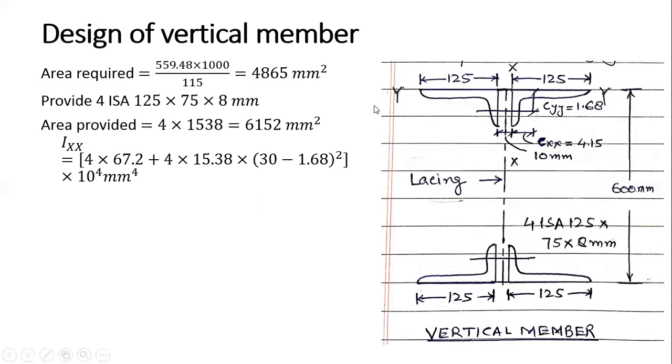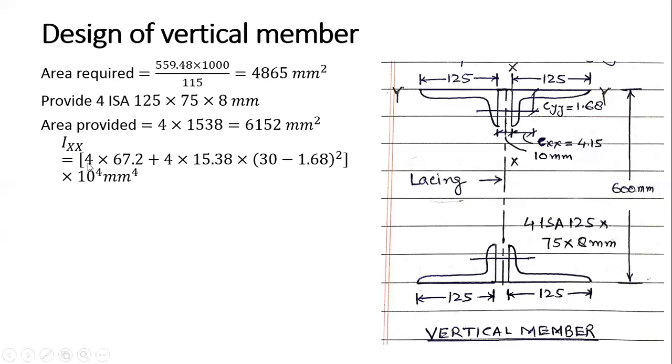Now, because the compressive force in this vertical member is high as compared to the tensile force, I design this member as a compression member and check it for tension also. So first, I will design this member as a compression member. That's why I calculate Ixx and now Iyy. And then in the last, I have to check it as a tension member also. So this is your Ixx, moment of inertia about XX axis.